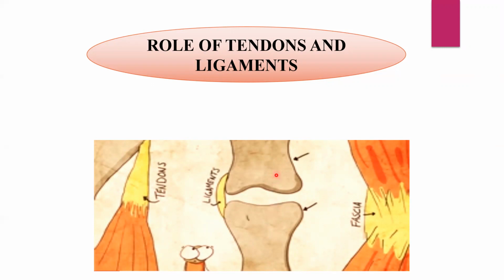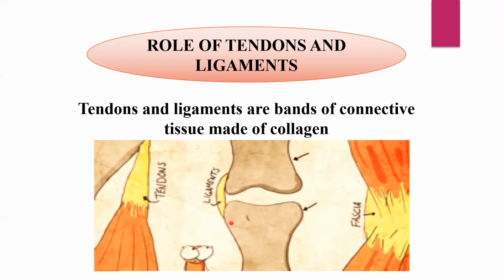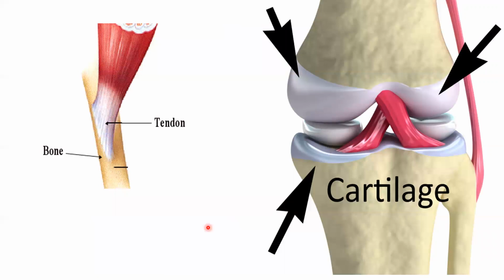The bones remain in their place due to the presence of ligaments. This is a tendon. Muscle is attached to the bone with the help of the tendon. This is a bone, and you can see these are ligaments.